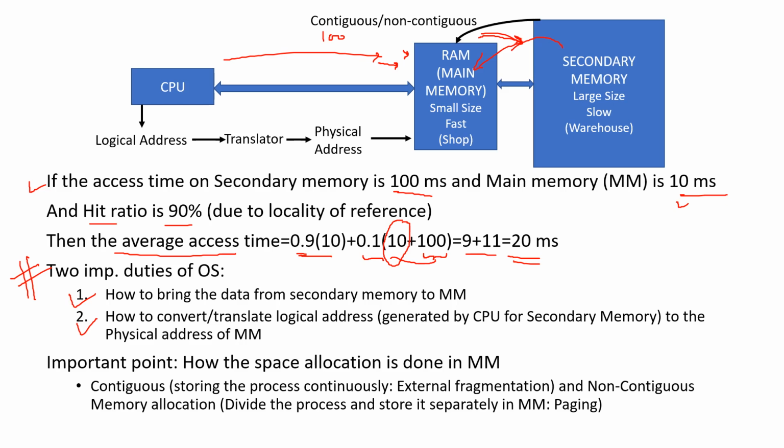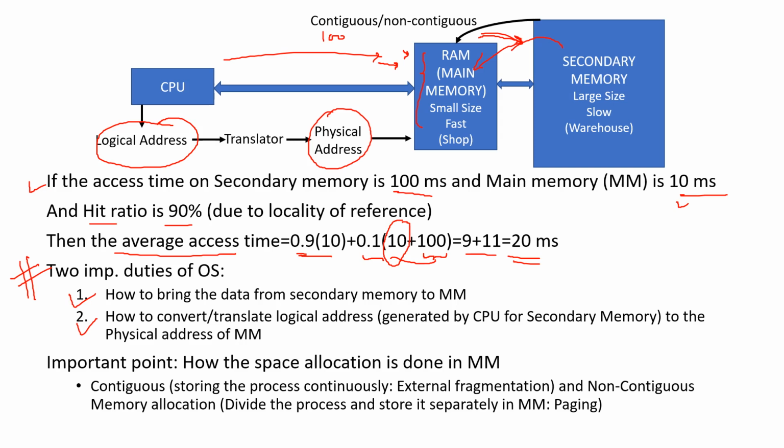CPU will create a logical address of a process which is there in the secondary memory, but actually the process is lying in the main memory, right? So the physical address of the main memory. So there should be some mapping of this logical address of the particular process, which is actually generated for the secondary memory, but our process is lying in the RAM, and it has a physical address.